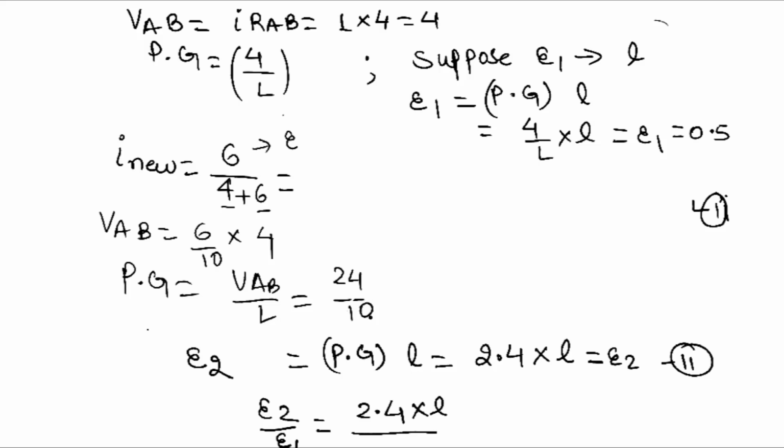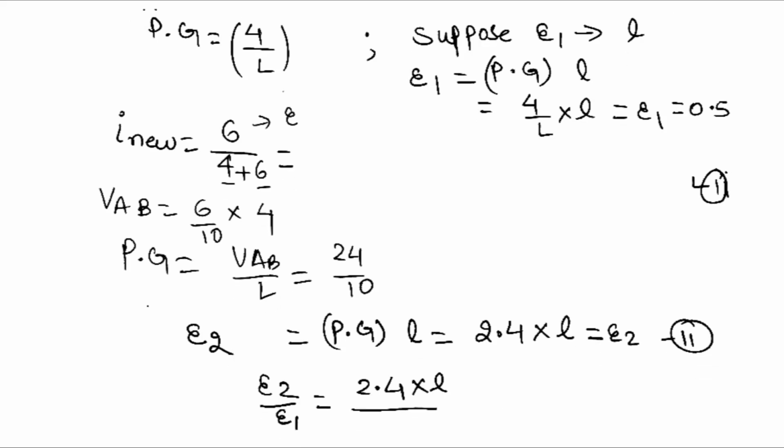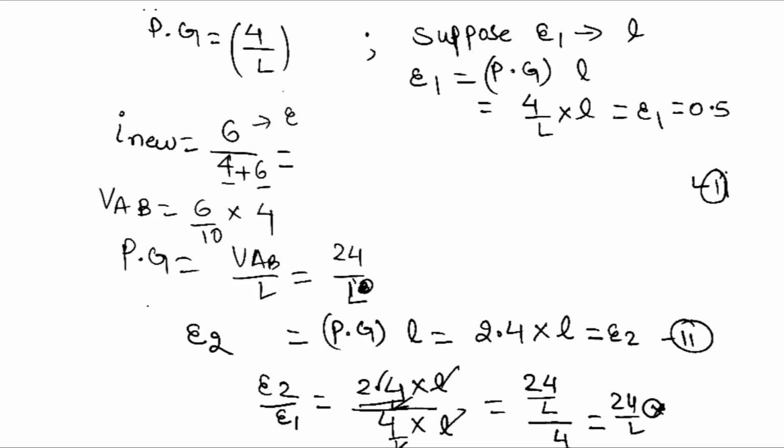Fine. For E1, I can write 4 into L by capital L. So it's 24 by L. L gets cancelled out. So I will be getting 24 by L divided by 4 by L, which is 6.